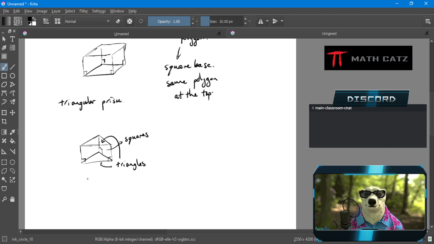So this is a semi-regular polyhedron. It's a three-dimensional convex shape. It has regular polygons as its faces, more than one type. Let's practice here the faces, the vertices, and the edges.